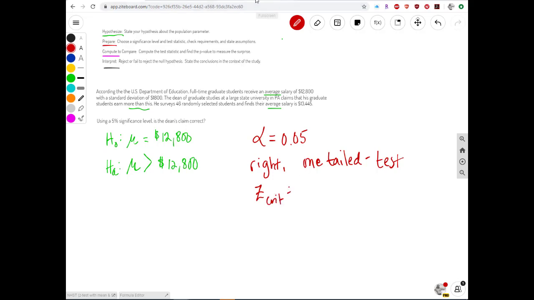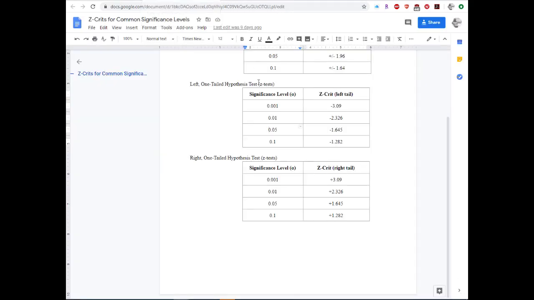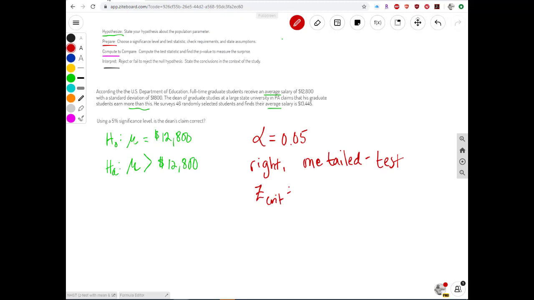So I'm going to go ahead and go to the ZCrits for common significance. I've got a right one-tailed test for 5% alpha, and I'm going to find that my right one-tailed ZCrit is going to be positive 1.645. So that's going to be my ZCrit.